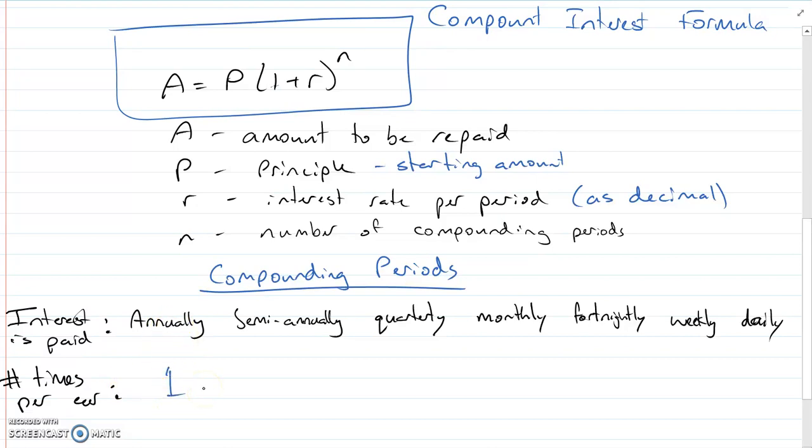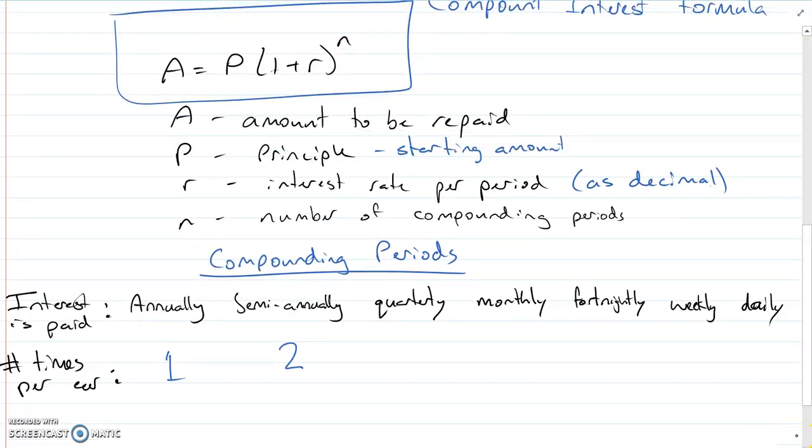Sometimes interest might be paid twice a year, in that case you divide your interest by 2. If you've got 10% per year, paid semi-annually, every 6 months, you'll get 5% after 6 months and 5% at the end of the year. Quarterly, you get 4 times a year, monthly 12 times a year, fortnightly 26 times, weekly 52, and daily 365 times a year.